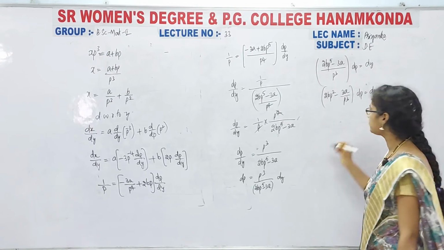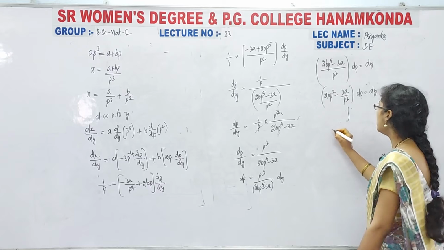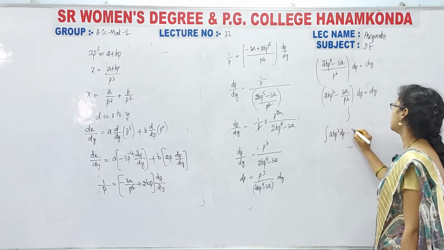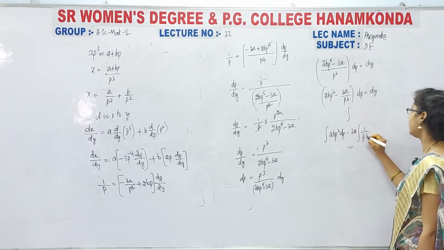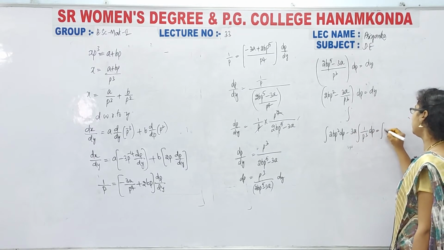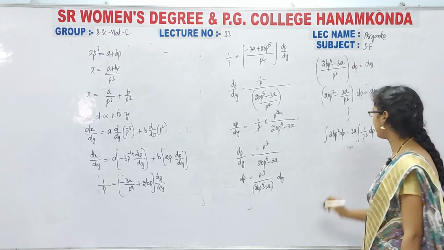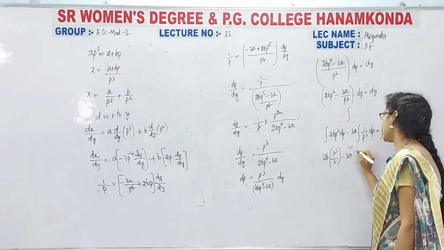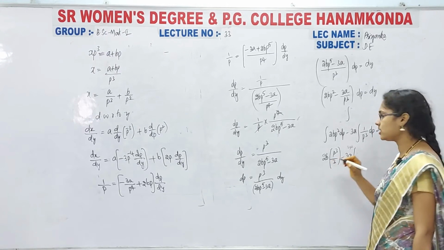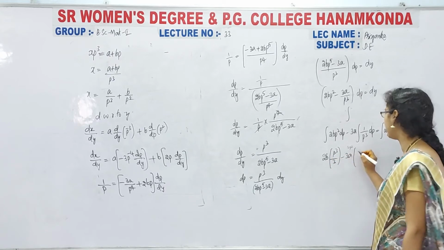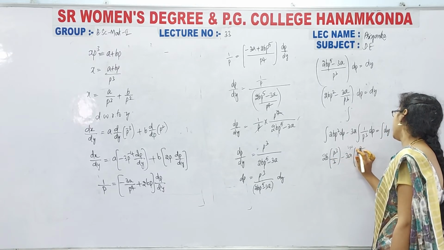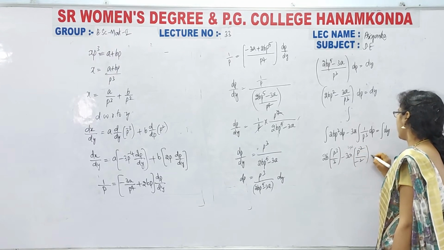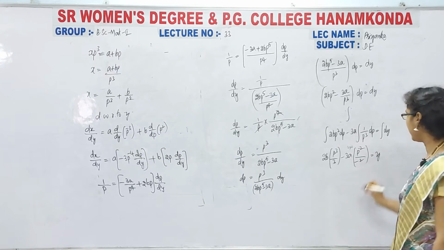Now after getting it like this, we have to take integration on both sides. Integration of 2b p square dp minus 3a integration of 1 by p cube dp equals integration of dy. Now 2b is constant, so p cube by 3, minus 3a constant, p power minus 3 means p power minus 3 plus 1, p power minus 2 by minus 2, which is equal to y plus c.